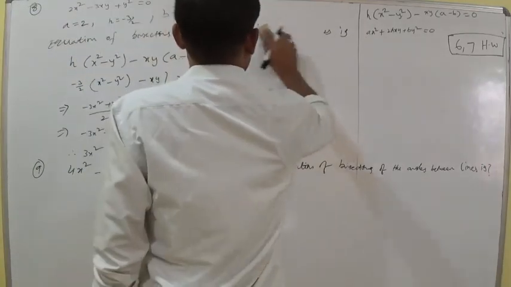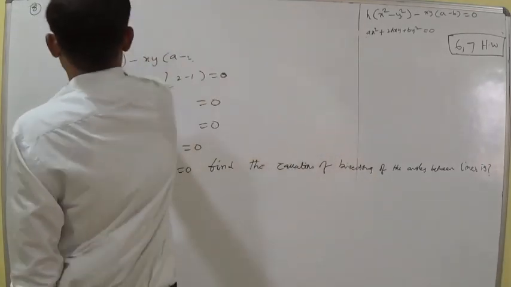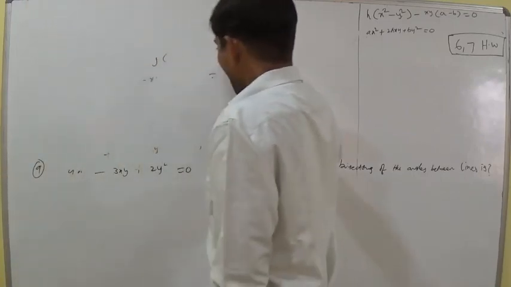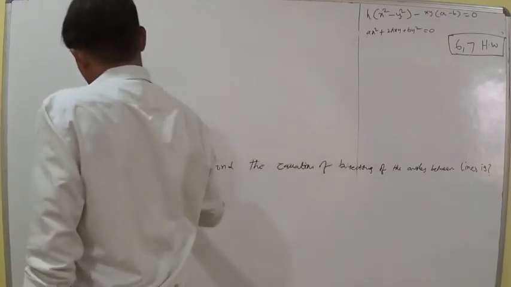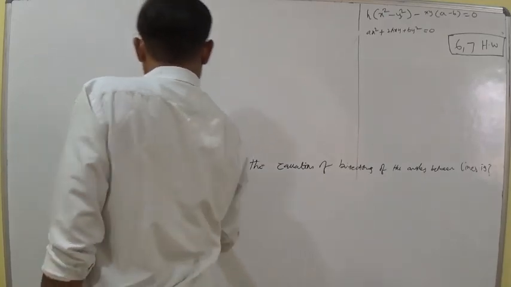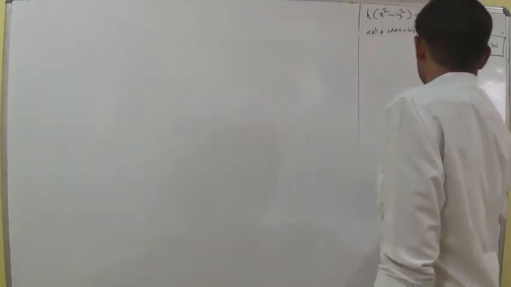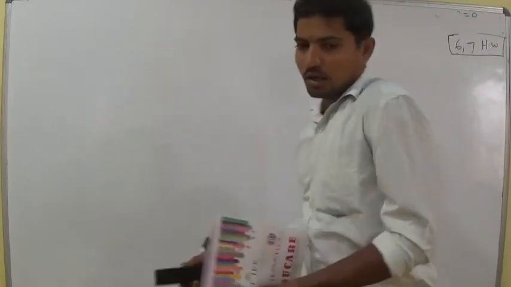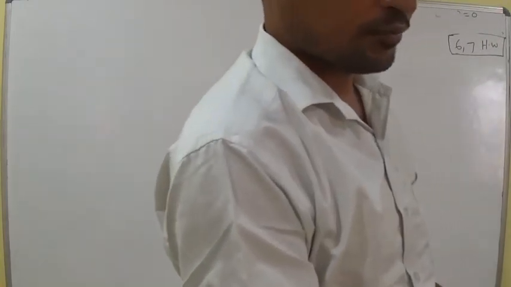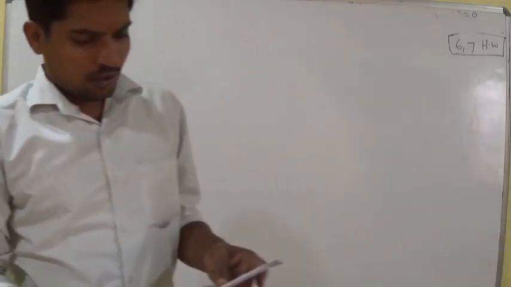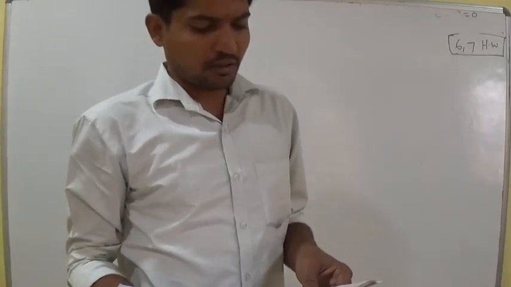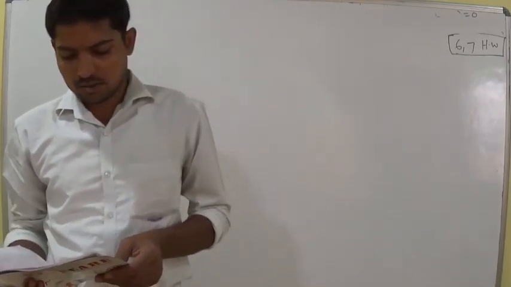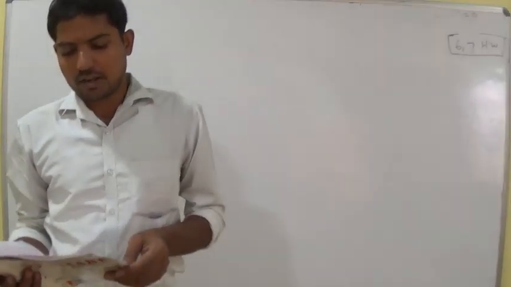Next, now next one, so match the following. The 10th one, sides of a triangle, so area of a triangle.